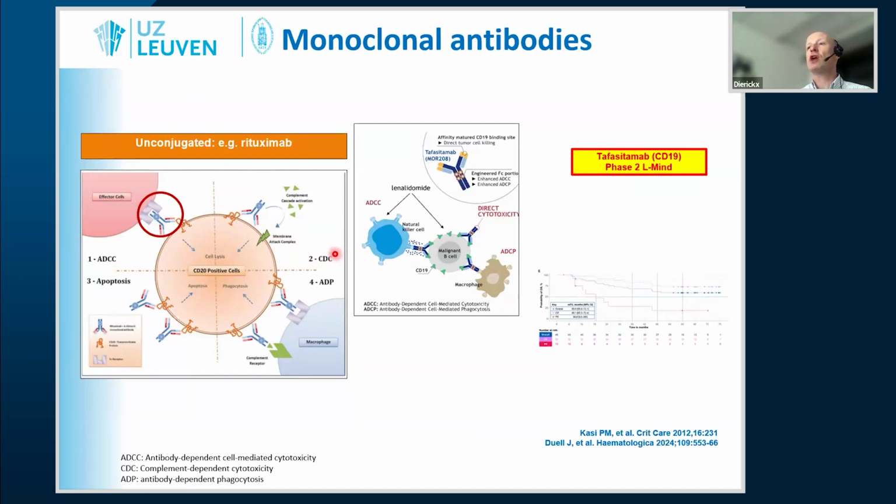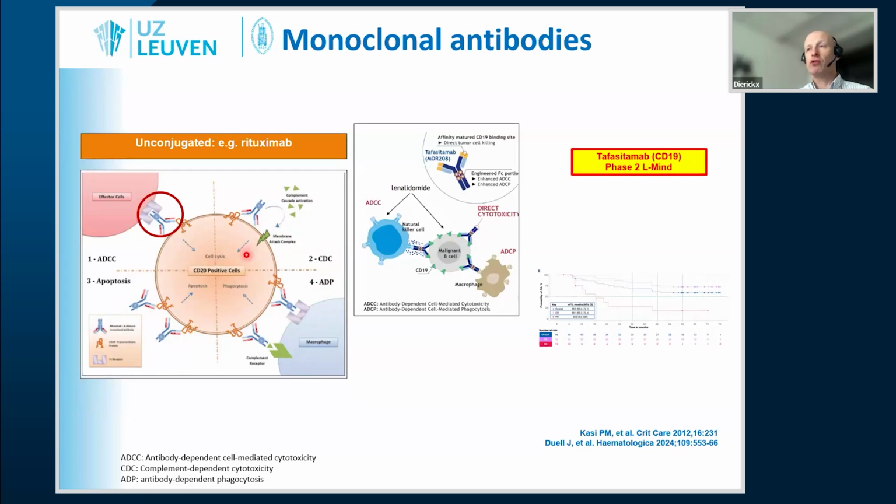It also leads to complement-dependent cytotoxicity, so it attracts the complement. It leads to direct apoptosis by internalization of the antibody, and it also leads to antibody-dependent phagocytosis using macrophages, which recognize the antibody and will also eat the tumor cell.